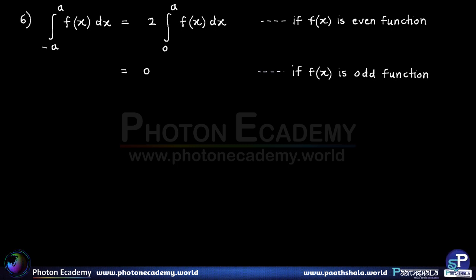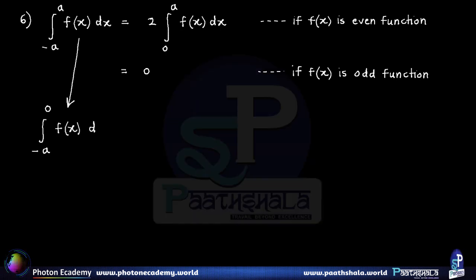Now for that, let us start off with the left hand side. This we can break as integral from minus a to 0 of f of x plus integral from 0 to a of f of x, correct? Because 0 lies between minus a to a.